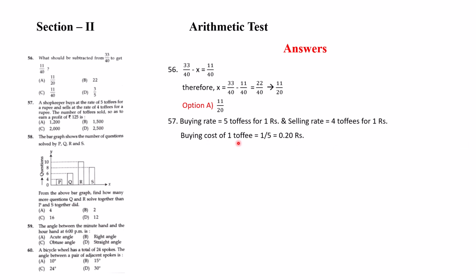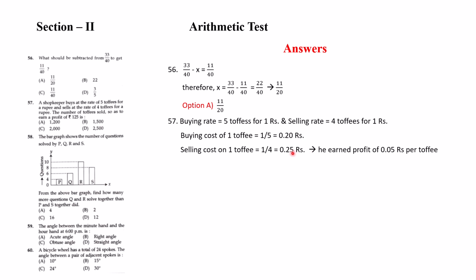Buying cost of 1 toffee would be, he is getting 5 toffees for 1 rupee. Therefore the cost of each toffee would be 0.20 rupees. Similarly, selling cost of one toffee would be 4 toffees for 1 rupee. Therefore, for each toffee, he is charging 0.25 rupees.